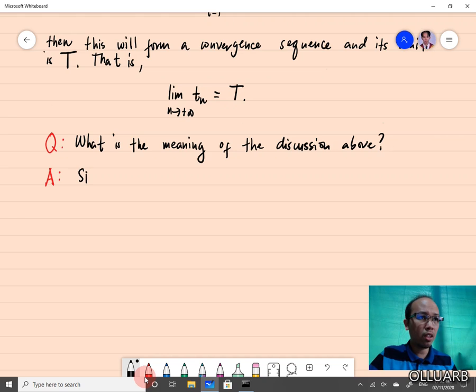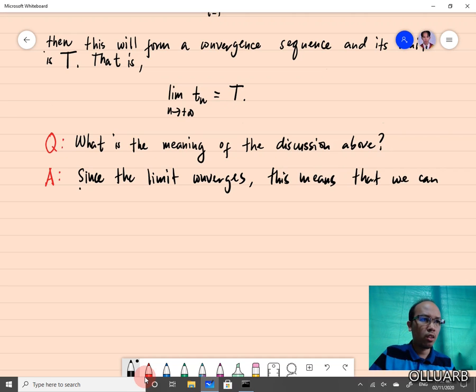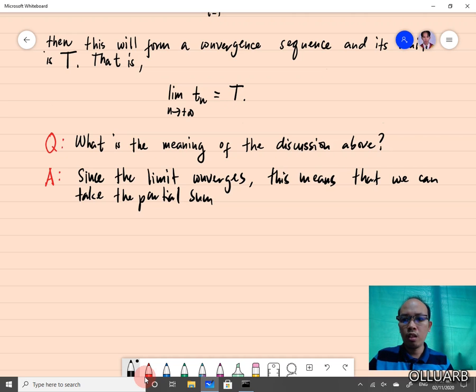Notice that since the limit converges, this means that we can take the partial sums t sub n as close to the sum t as we want by taking n large enough.